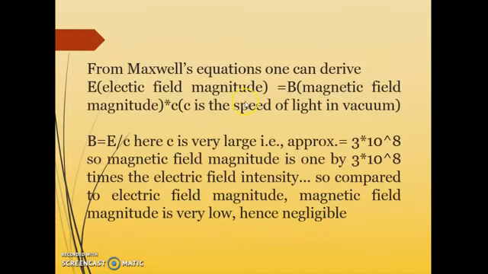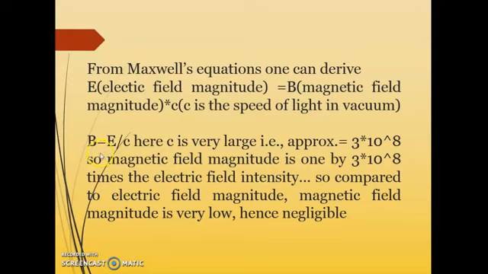Well, from Maxwell's equations, we can derive that electric field and magnetic field are related through this relation: E is equal to B into C. So what is my B? It is E by C. And what is C? C is the velocity of light, which is very, very high, we know, which is having a value of 3 into 10 to the power 8 meter per second, isn't it?